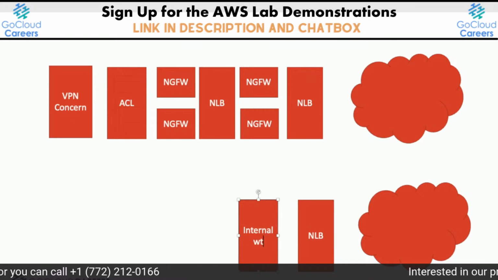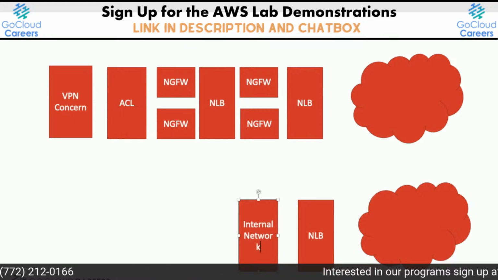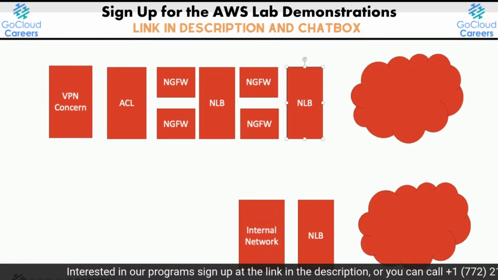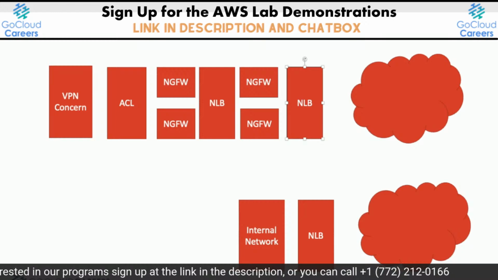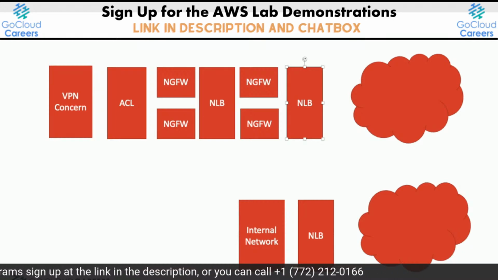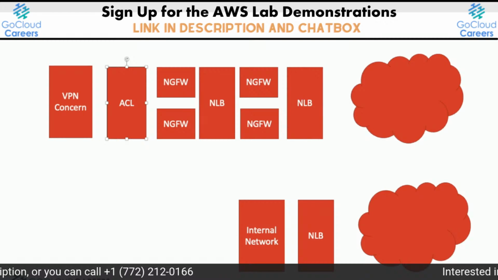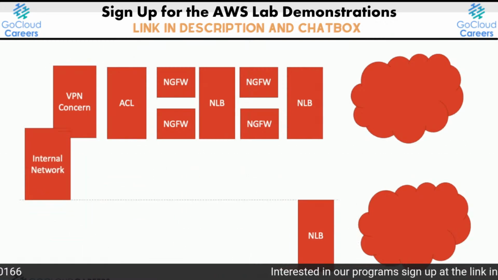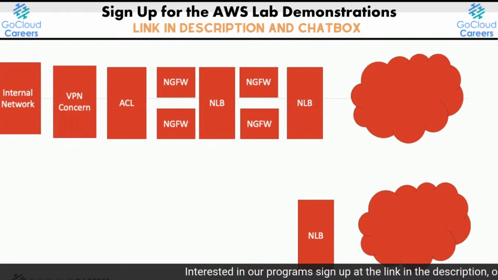Now, there is an option on how you can make a secure Bastion host. The way you could make a secure Bastion host is as follows. You could create this load balancer, have your 2 next generation firewalls, have another set of load balancers, have an access control list, have your VPN concentrator, and then you could put a secure Bastion host over here.